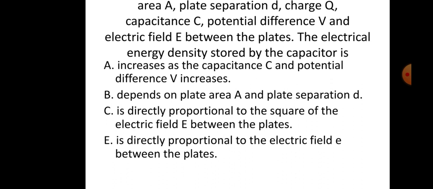electric field between them. ኤሌክትሪክ ፊልድ ስትሬንግዝ ነው ኢ ብለን የምንጠራው ማለት ነው። The electrical energy density stored by the capacitor ነው የተጠየቀው ማለት ነው። ያንን እንድንፈልግ ሳይሆን is increase as the capacitance C and the potential difference V. ኤነርጂ ዴንሲቲንና ካፓሲታንሲ and potential difference ነው ሪሌት እያደረገ ያለው ኤ ላይ ያለው ማለት ነው። ቢ ላይ ያለው it depends on the plate area A and the plate separation D, energy density ማለት ነው። C is directly proportional to the square of the electric field E between the plates.